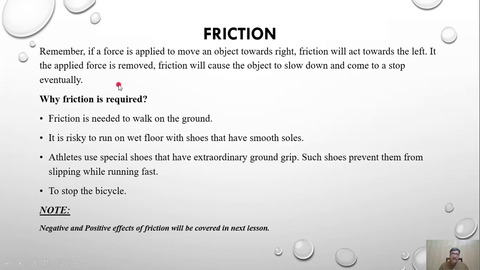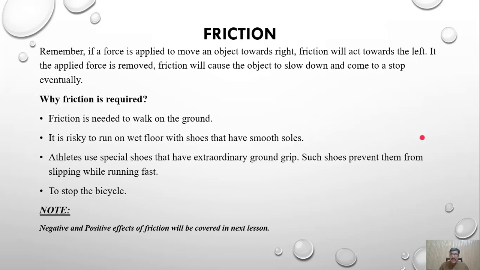Why is friction required? Friction is needed to walk on the ground. If there were no friction, we would be unable to walk, because the surface would become so slippery that we would fall down. It is risky to run on a wet floor with shoes that have smooth soles. The soles of your shoes have grooves.